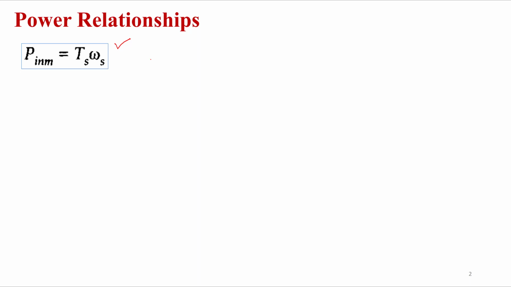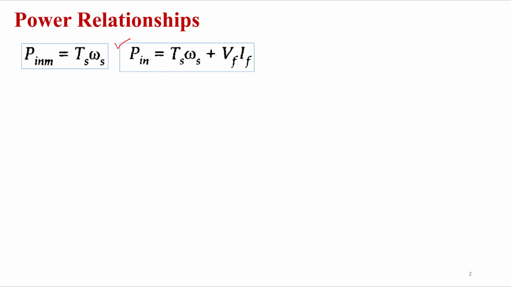The prime mover can be anything, like a diesel engine, a gas turbine, a thermal turbine, a steam turbine or hydro turbine, anything it may be. So the output of the prime mover is connected to the generator. That torque is Ts, shaft torque, and omega s is the synchronous speed of the generator, right?